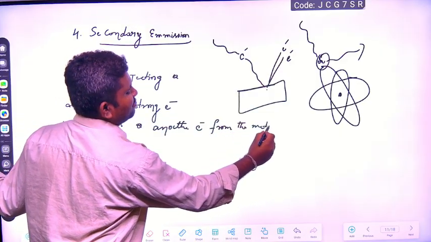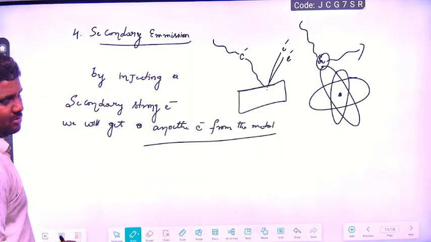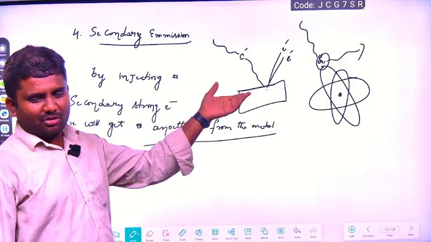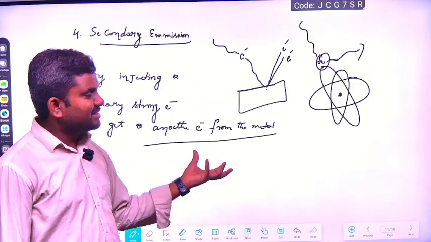It may be one or more, not only one electron, it may be more also. This is what you call secondary emission.